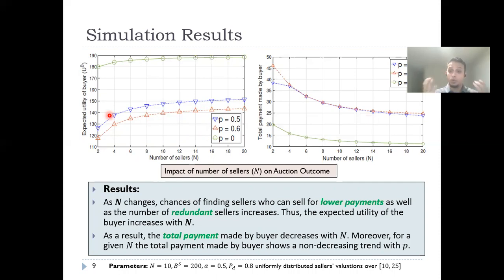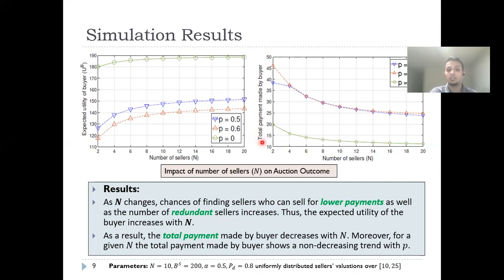Because when more sellers are participating in the auction, the buyer can get a better deal of an IC for a lower payment, as well as the number of redundant sellers increases. This leads to the increase of expected utility of the buyer with the increase of N.